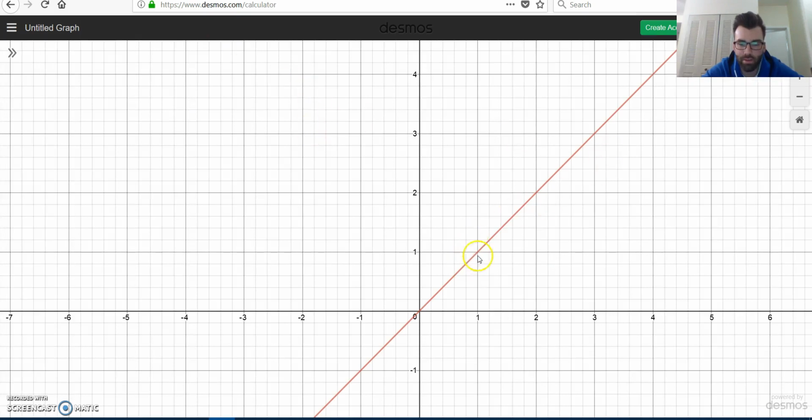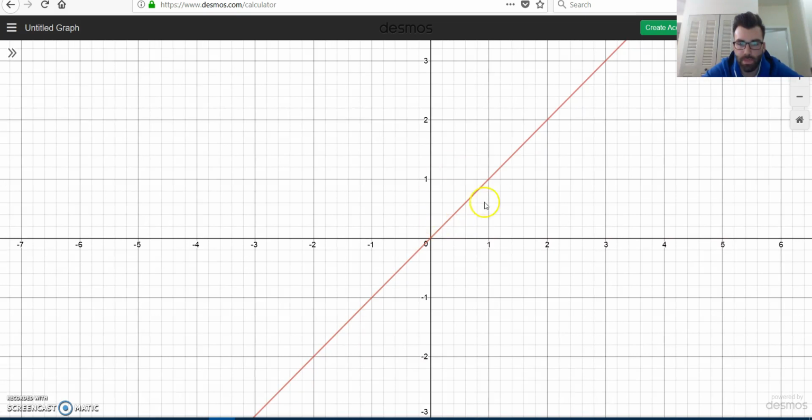If you look at this graph, you recognize that it looks very similar to our function y equals x. But there's something that you're going to notice by looking at our table. So what I want you to do is go to your table, and you'll see at x equals 1, you'll have this error.